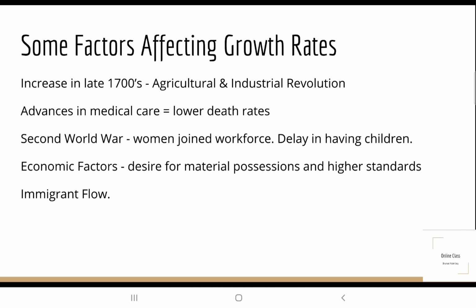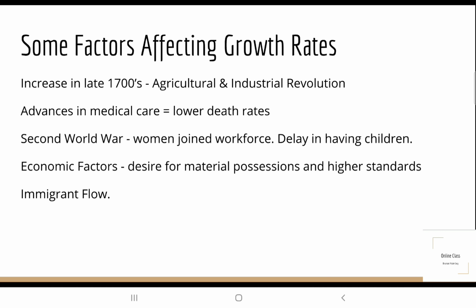There are some factors which affect the population growth rates. The main factor covered is the increase of the population in the late 1700s, which was due to the agricultural and Industrial Revolution. This really took place in North America and Europe. The new agricultural machinery led to greater crop yields with fewer workers. So many rural people moved to urban areas to work in the expanding industries there.